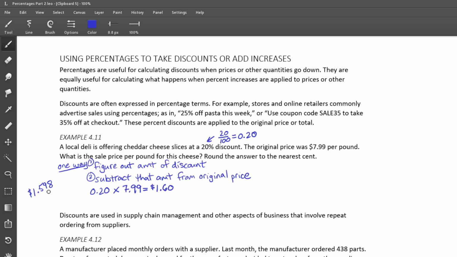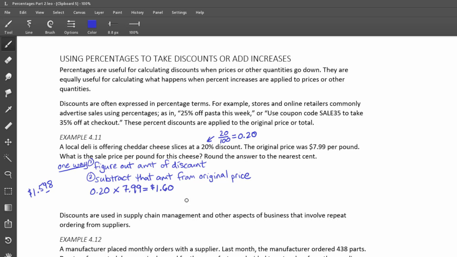That comes out actually to 1.598. We are rounding to the nearest cent, so we need to round up the 9 in the hundredths place based on the fact that the third decimal place has an 8, which is more than 5. That 9 rounds up to a 10, which means 1 has to be added to the 5 to make $1.60.